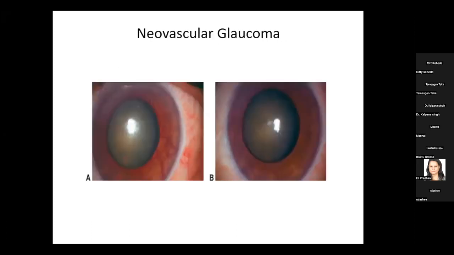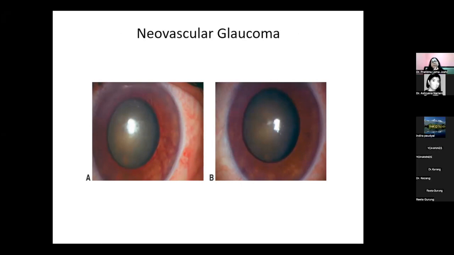In the first picture, there is diffuse iris neovascularization, and in the same eye after the anti-VEGF injection, the neovascularization reduces markedly. So it is advised to do the surgery after the PRP or after the anti-VEGF injection.